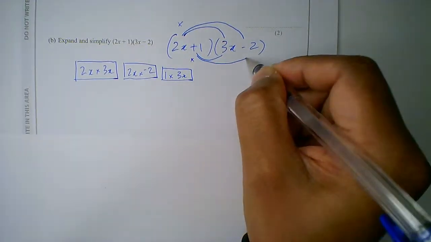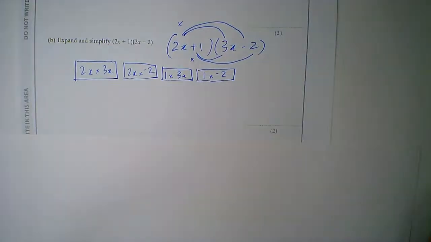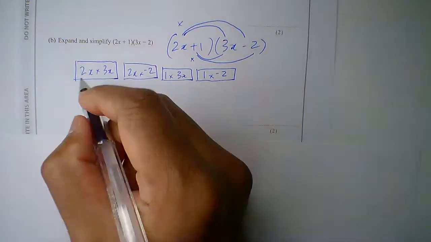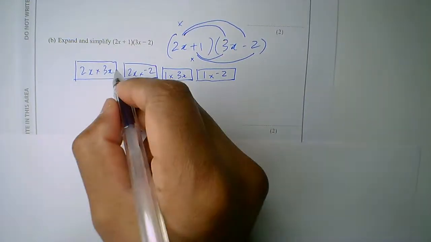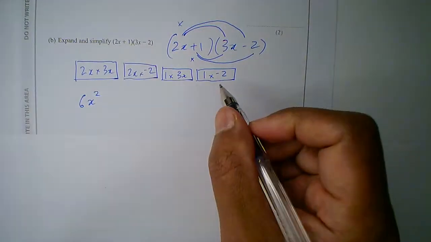And then we've got 1 times minus 2. Okay, so now we simplify this. 2 times 3 gives me 6. x squared. x times x is that.